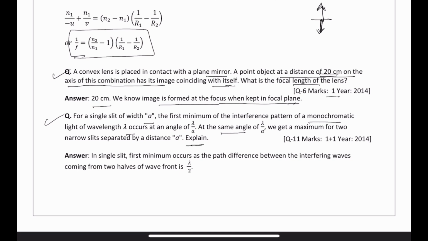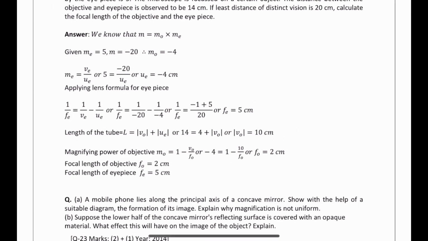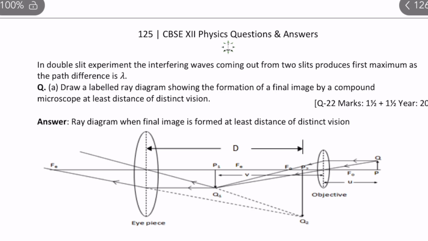Now in a single slit, the first minimum occurs when the path difference between the interfering waves coming from the two halves of the wavefront is lambda by 2. Now, in the double slit experiment, the interfering waves coming out from the two slits produce the first maximum when the path difference is lambda. That's all.